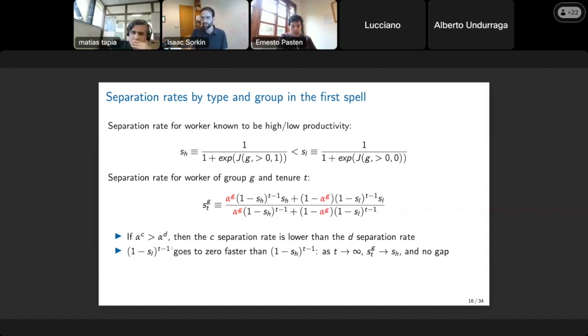The basic reason is that all that's left are the high type workers. You've dynamically selected out the low type workers. This formalizes the idea that I started with, that at high enough tenure group separation rates converge, in which case these workers should be the same in terms of their unobservables.